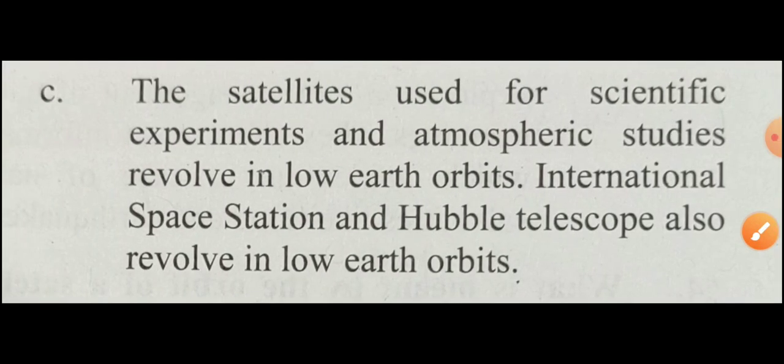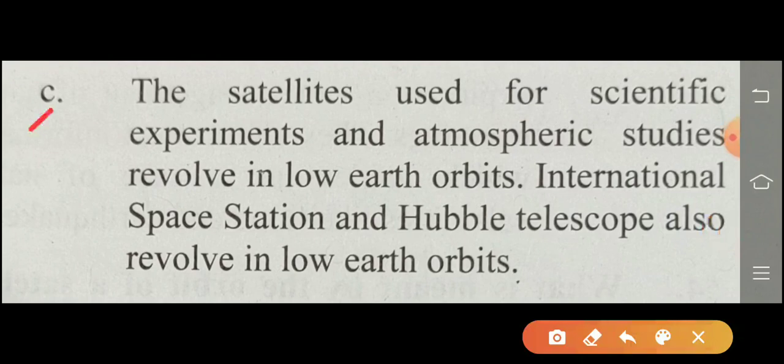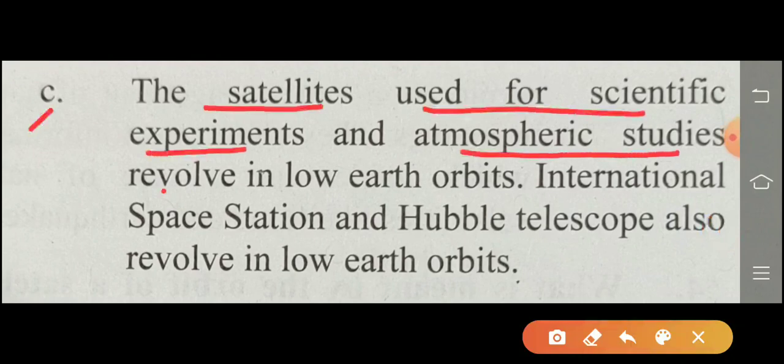Clear, all of you? The third point is that the satellites used for scientific experiments and atmospheric studies revolve in low Earth orbits. A question may be asked for 1 mark: what type of satellites revolve in low Earth orbit? The answer: the satellites used for scientific experiments and atmospheric studies revolve in these low Earth orbits.